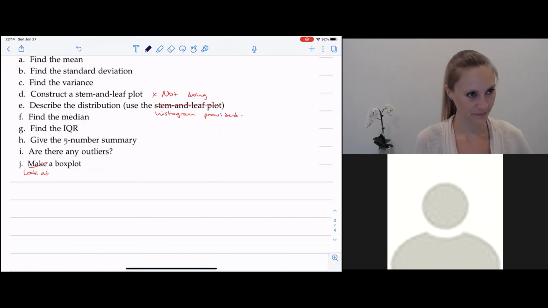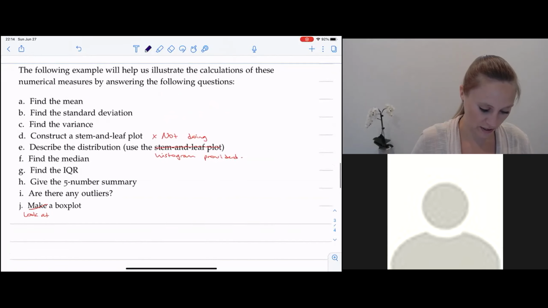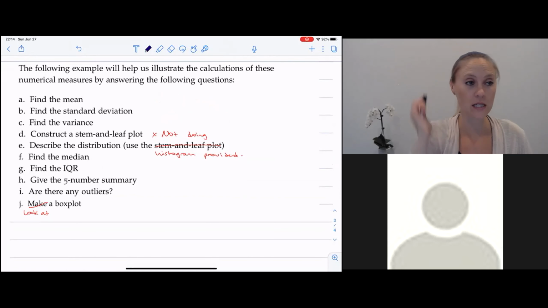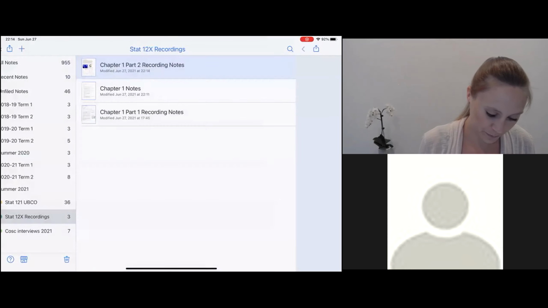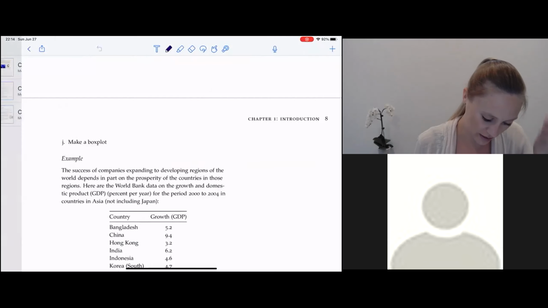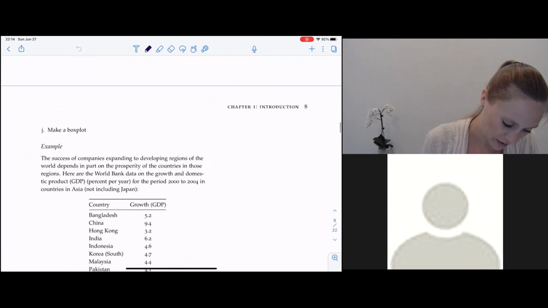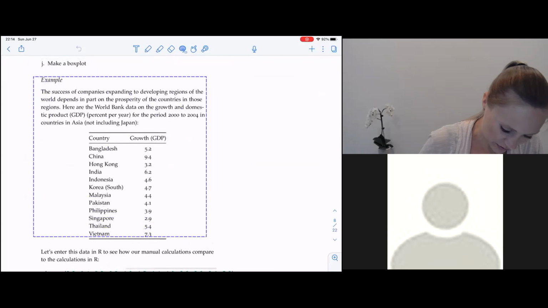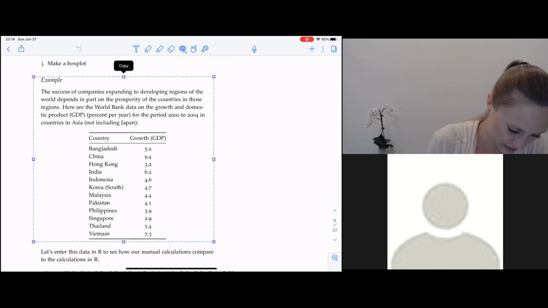Okay, so we're going to start with the mean, but first we have to introduce our data set. Chapter 1. So here is our example. Now, don't be scared.